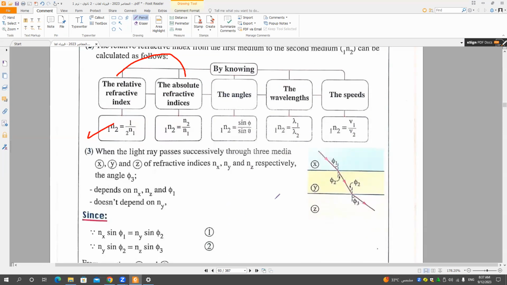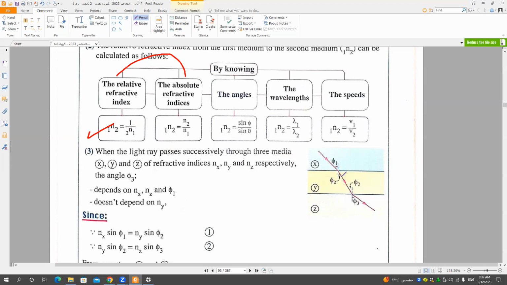When the light ray travels successively between three different transparent media, different in their optical density, so the absolute refractive index of each one differs from the other. When the light ray travels from the first medium X to medium Y, it will be refracted.